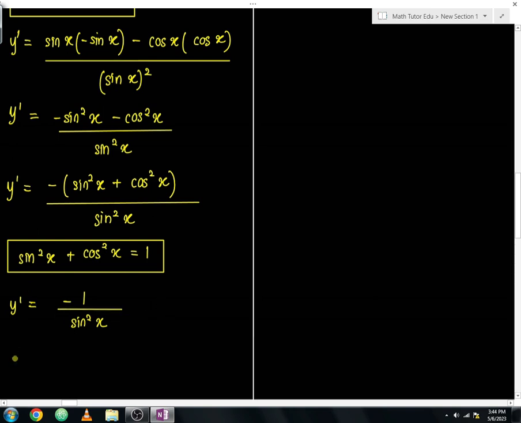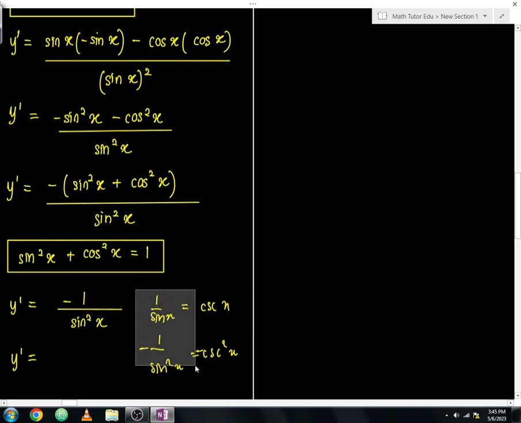So from here we are very close to our final step. Since 1 over sine x we can write as cosecant x, 1 over sine square x will be cosecant square x. Since here you have the negative, we will have the negative as well.